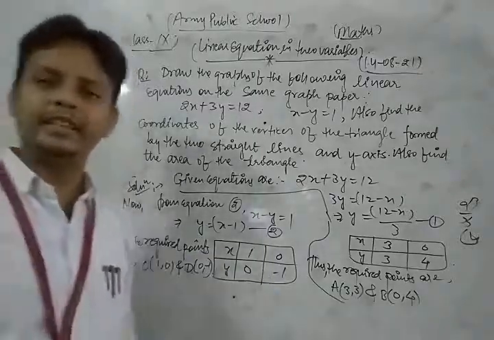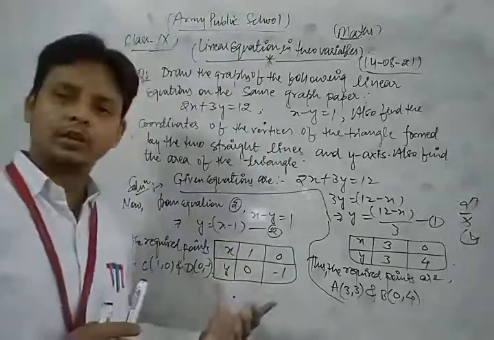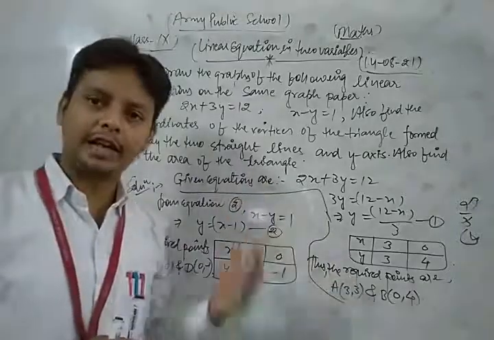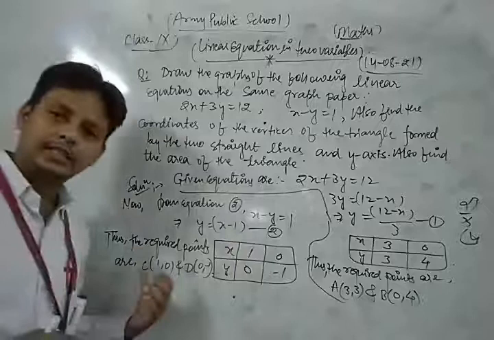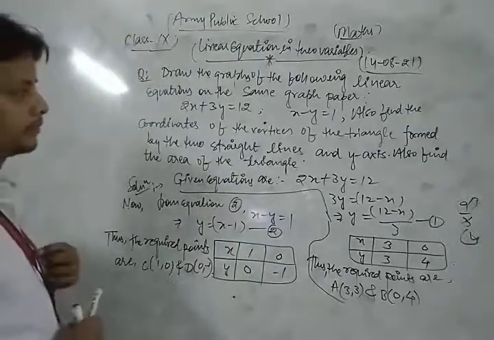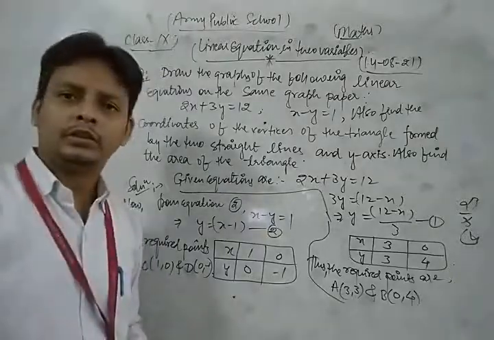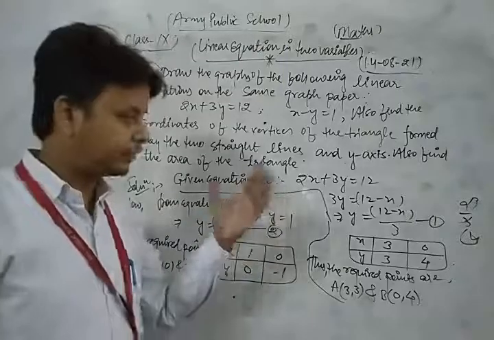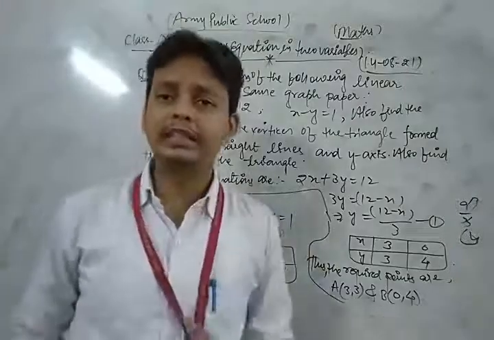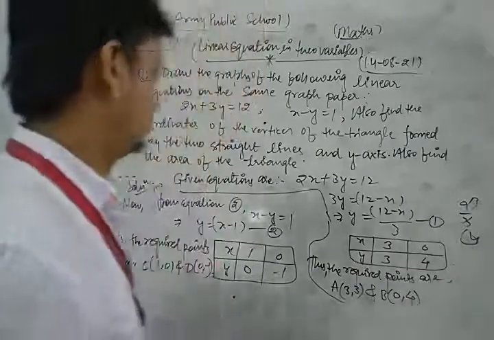So with the help of both equations, we found the required points: two points from the first equation and two points from the second. Now, dear friends, we prepare a graph and on this graph we plot all these four points, A, B, C and D.